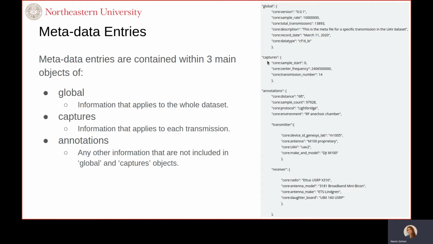We have the captures object, for example, with a transmission number entry, which is different for every transmission. And we have annotations, which has entries like the distance or the transmitter and receiver hardware details.